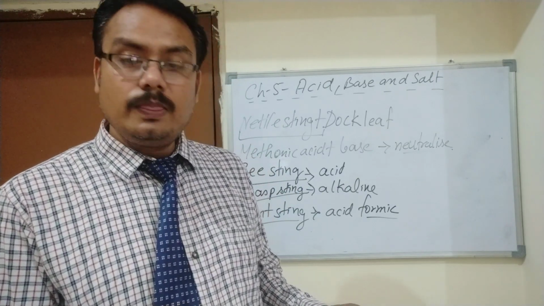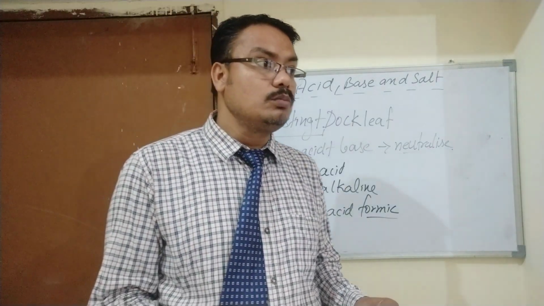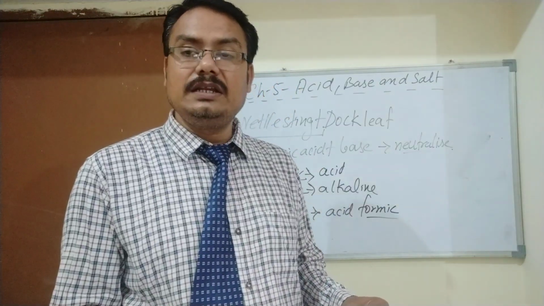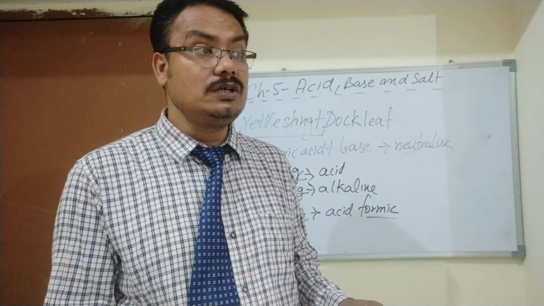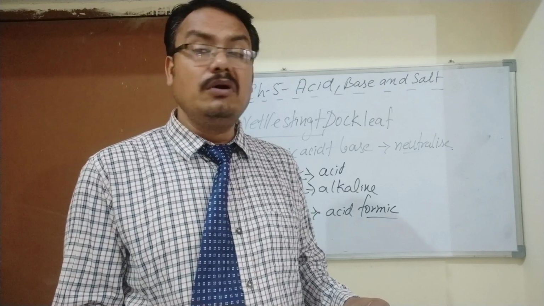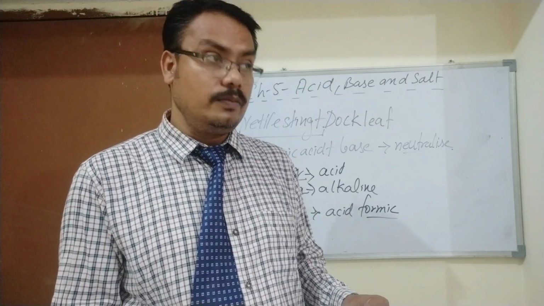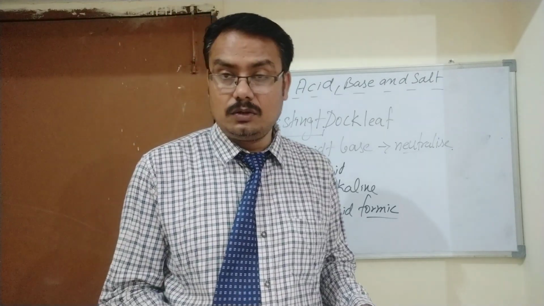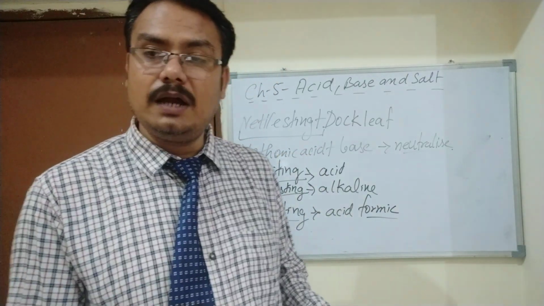Now, students, some soils are also very acidic in nature, and if the soil is acidic, the crops will be burned and turn yellowish in color. Neither being acidic nor being basic is good; both are harmful for the plant.